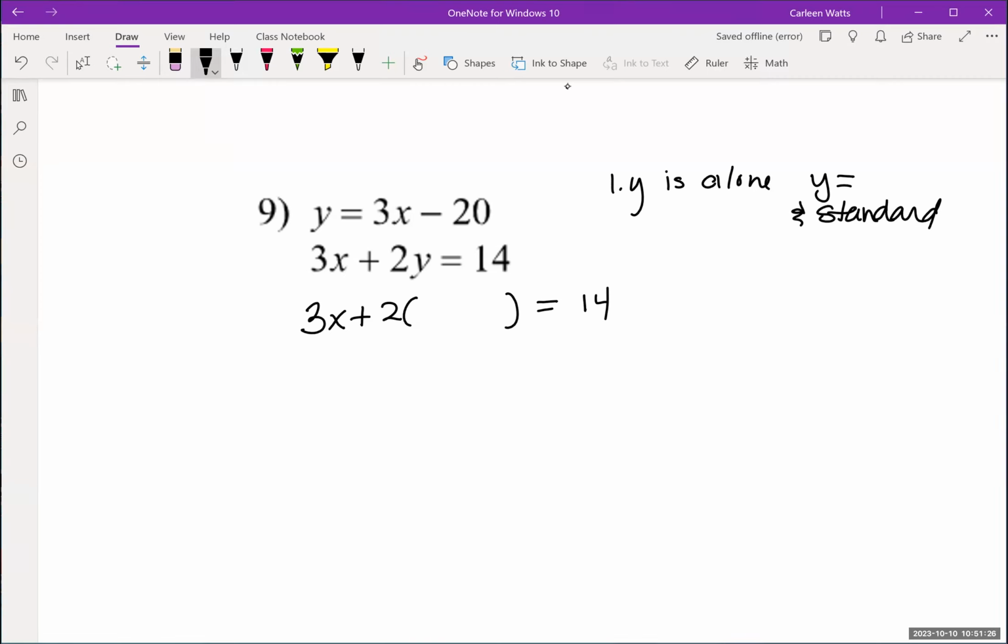Okay. What am I going to do next? All right. So I'm going to take the 3x minus 20 and plug it in where y used to be.